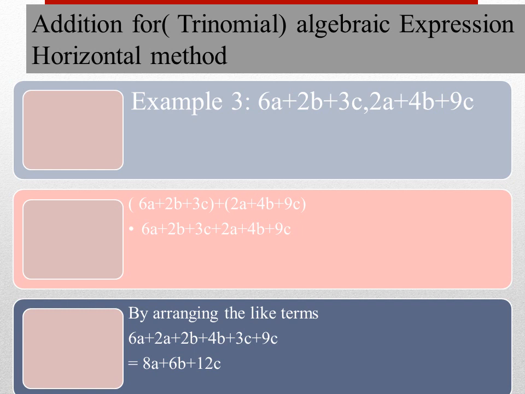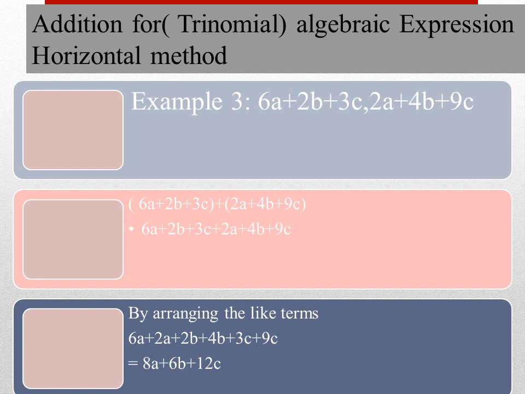Addition for trinomial or the expression. There is a horizontal method. Example is 6a plus 2b plus 3c, 2a plus 4b plus 9c. First we write in brackets. The first expression is 6a plus 2b plus 3c and the second expression is 2a plus 4b plus 9c.